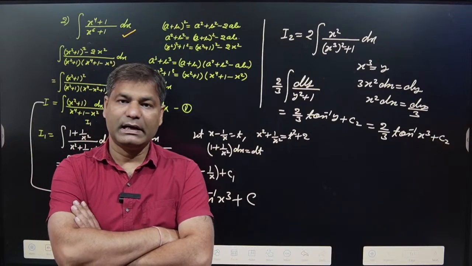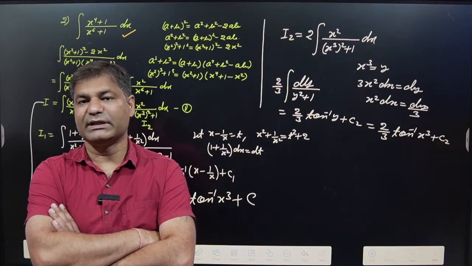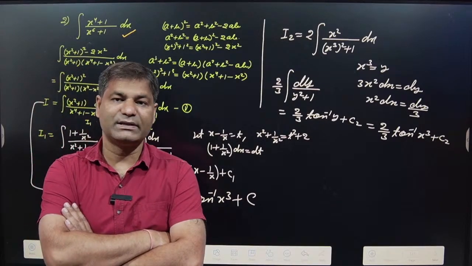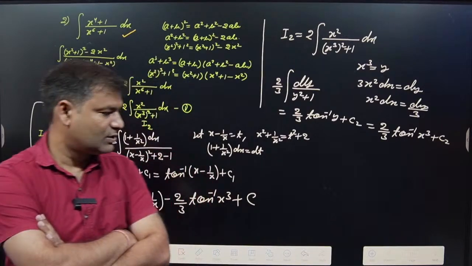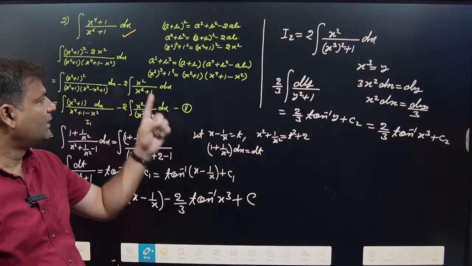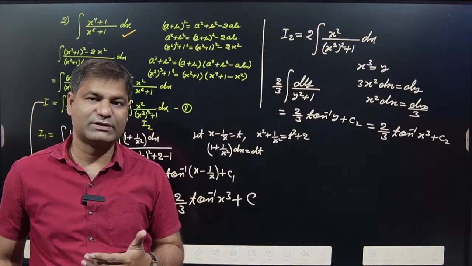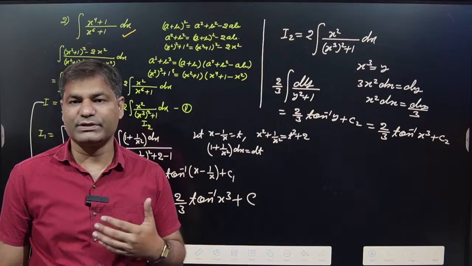Another way, a cube plus b cube is written as a plus b into a square plus b square minus ab. Here in the denominator, x to power 6 plus 1, x to power 6 is written as x square to the whole cube plus 1.